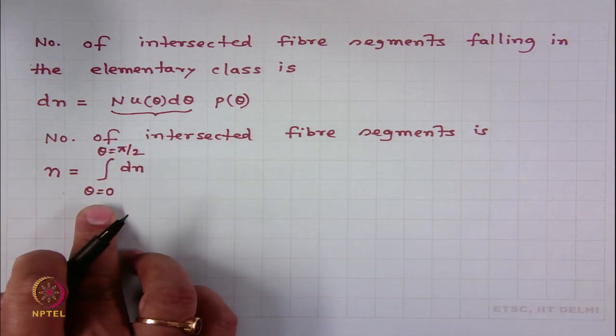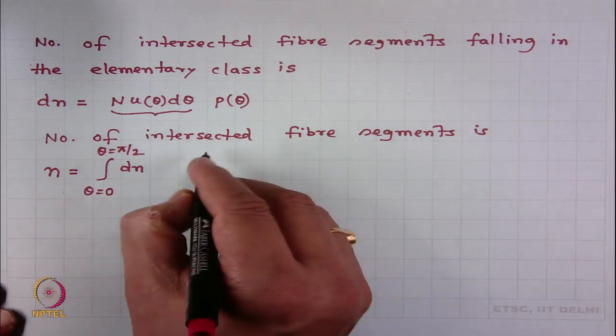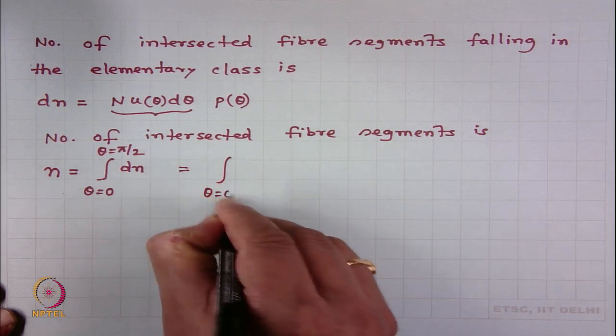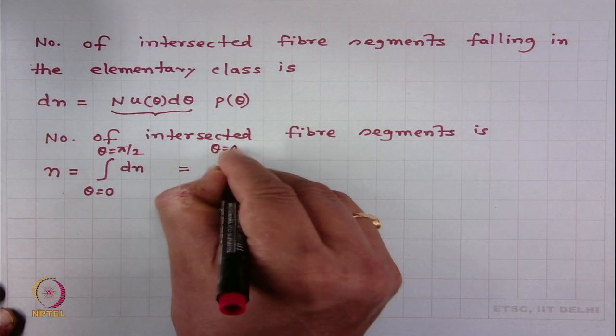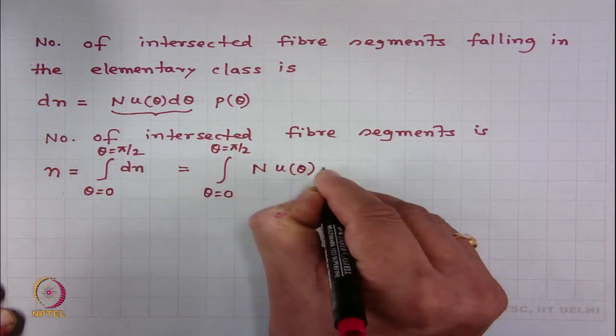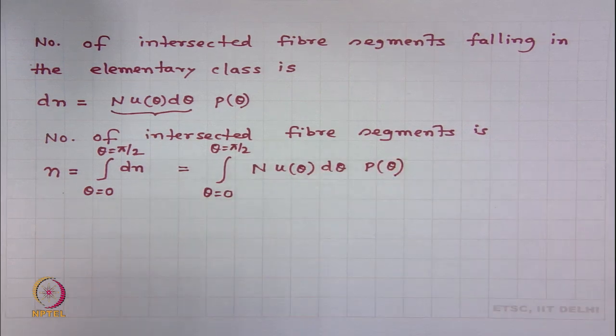Why the lower limit is 0? Because theta is a non oriented angle. N u theta d theta into p theta. What was p theta? P theta was equal to delta L by C.